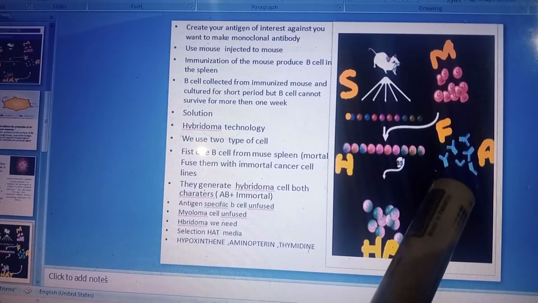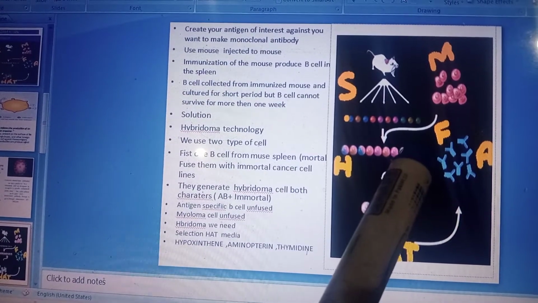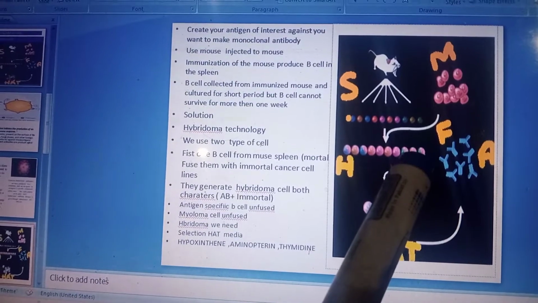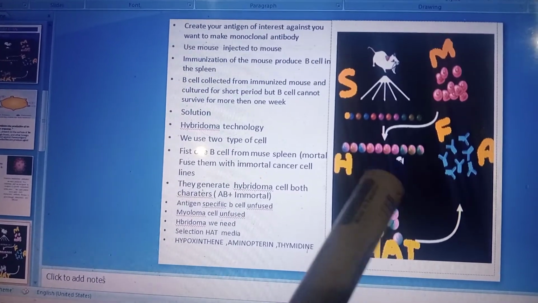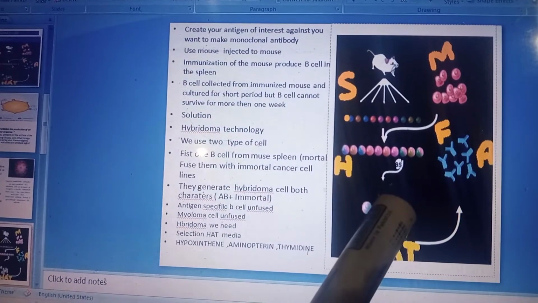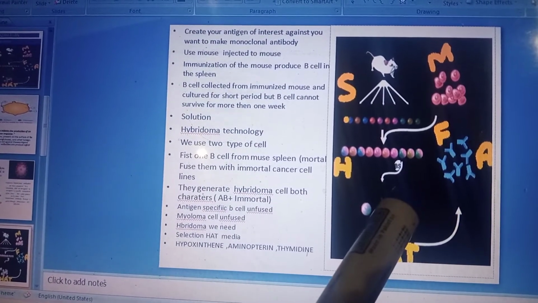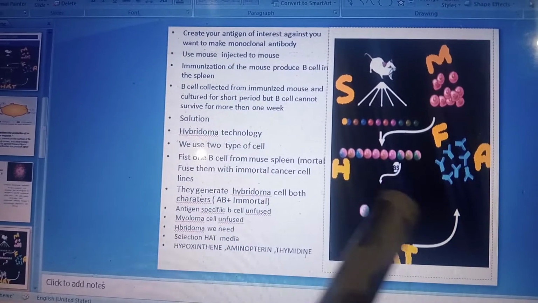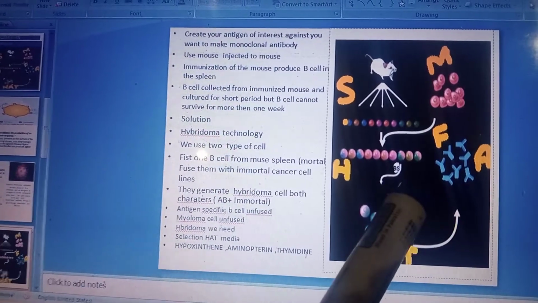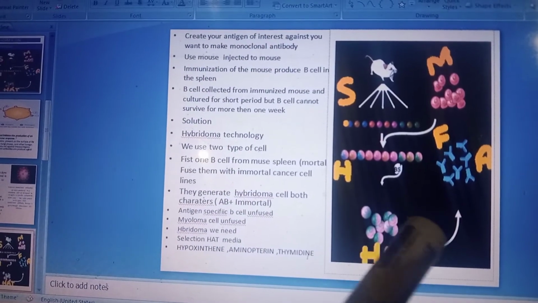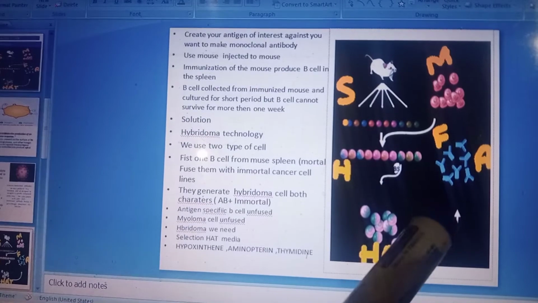To separate the undesirable cells from this culture, we grow it on a special type of media called HAT. HAT contains hypoxanthine, aminopterin, and thymidine. What will this HAT media do? It will selectively separate the hybridoma cells.